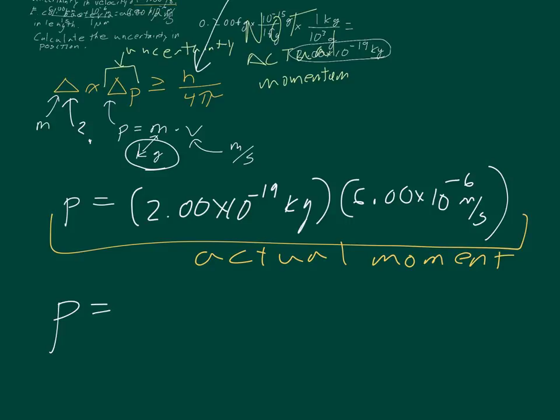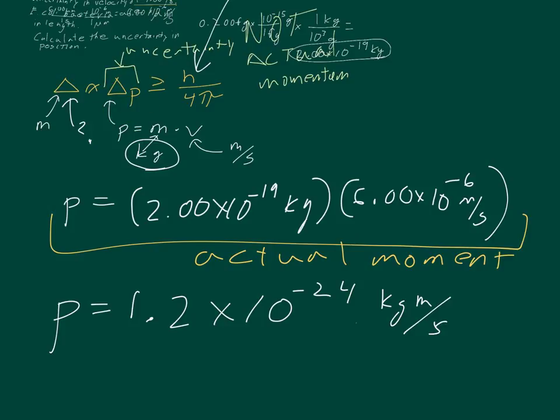I punched something into my calculator wrong. My brain is better than a calculator. And that gives me my momentum. But that's my actual momentum. Remember, the formula calls for uncertainty in momentum.